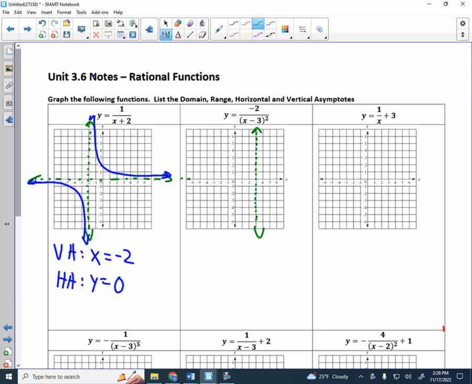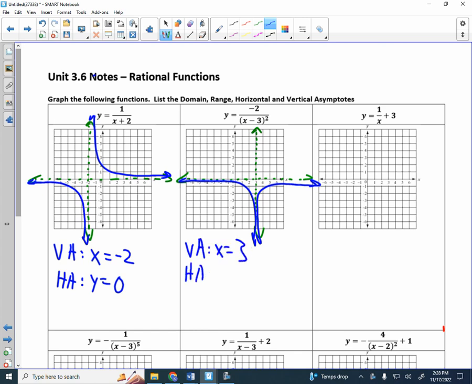So I have that shape, okay, for my asymptotes, and then they're both going to sit below. So the vertical asymptote is x equals 3.